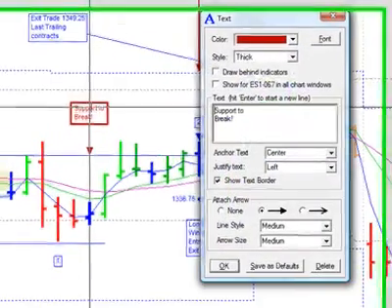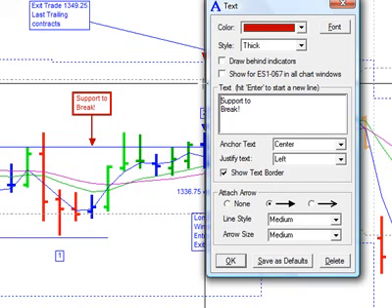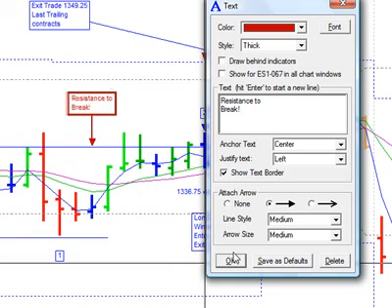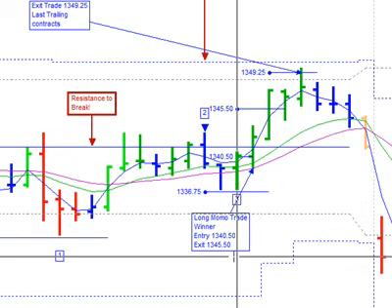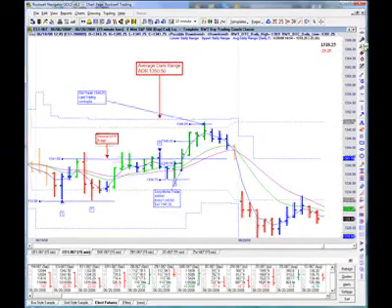Let me make a correction here, because this should say resistance and not support, since I'm talking about busting through resistance. Just give me a second to delete this and put in resistance to break. There we go. Fixed. Now, let me zoom back out once again.